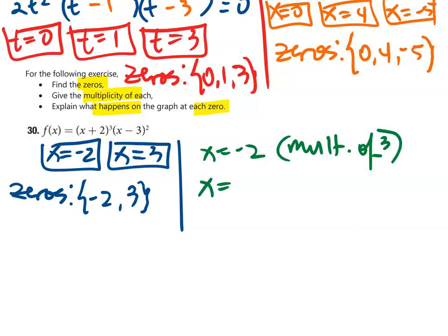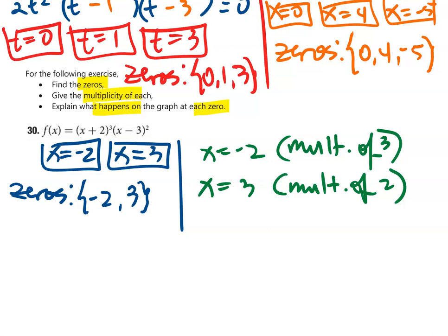When x is equal to 3, it has a multiplicity of 2, the exponent. Now, what happens on the graph at each 0? Multiplicity of 3.